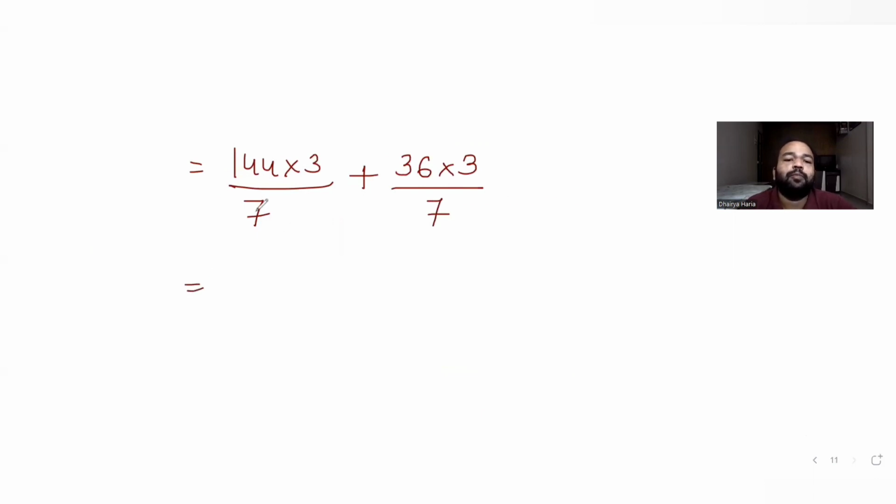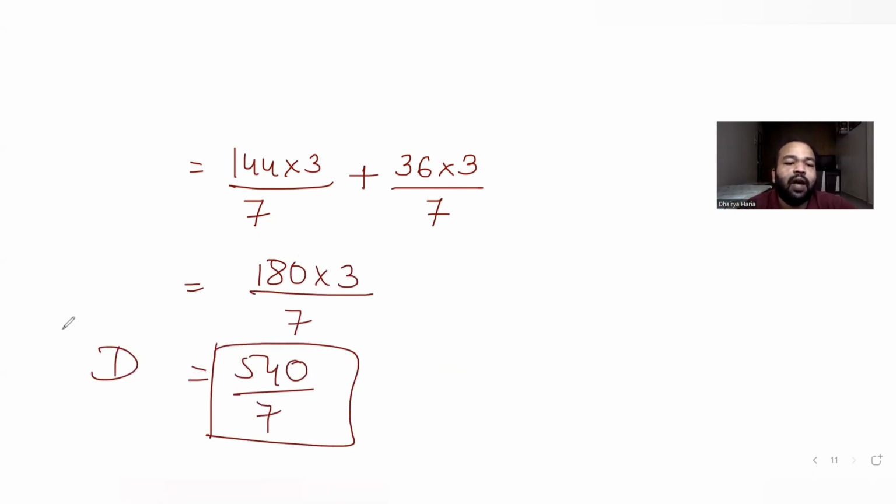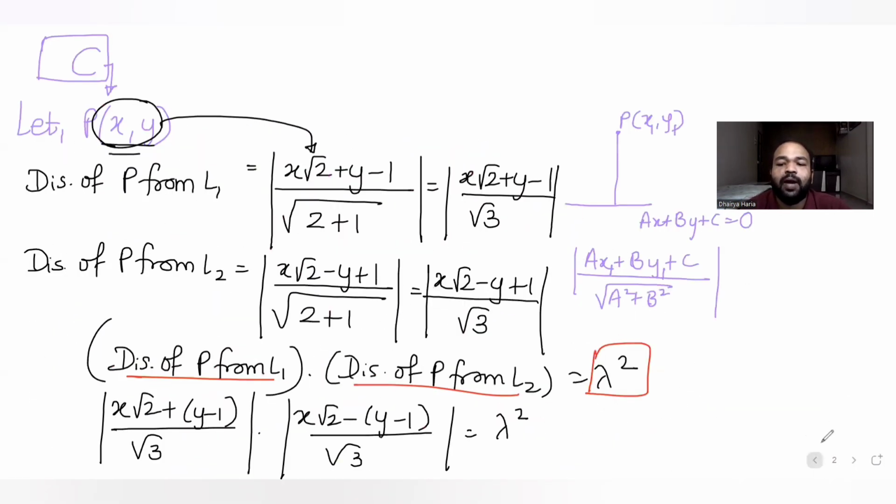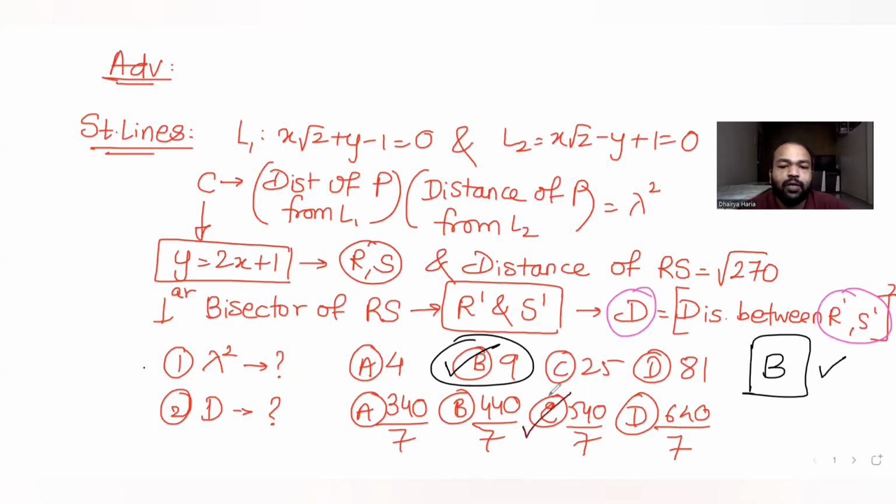So you get 144 plus 36, 180 into 3 by 7. That makes it 540 by 7. So you get the answer for the capital D which is asked to us as 540 by 7. The option that matches the question is option C. So for the second part of the question, option C is the correct answer.